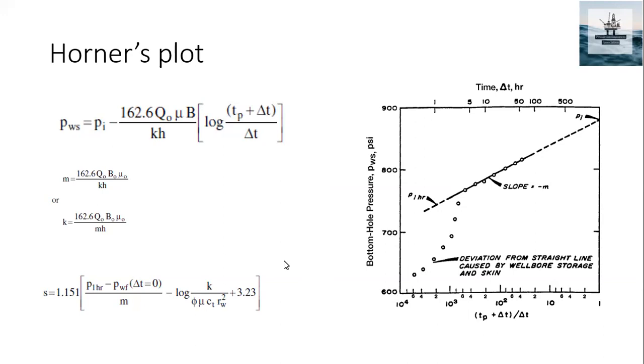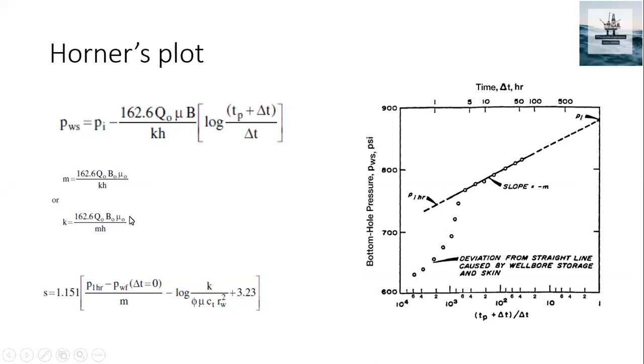So if you have the value of pressure at 1 hour during the shut-in period, that value should be kept over here, minus PWF, where delta T is equal to 0. Delta T equal to 0 represents pressure before shut-in, so the shut-in period hasn't started. So before shut-in, what is the pressure? That is PWF at delta T is equal to 0, divided by M. The same M we measured from y is equal to mx plus c, we are going to use over here, minus log of K by phi mu Ct Rw squared, plus 3.23.